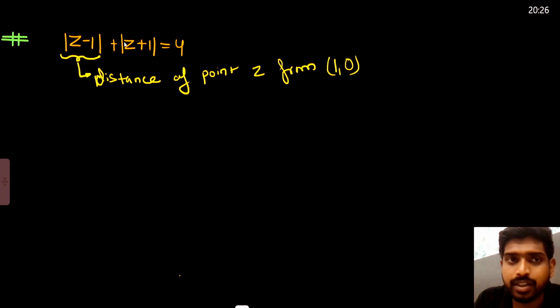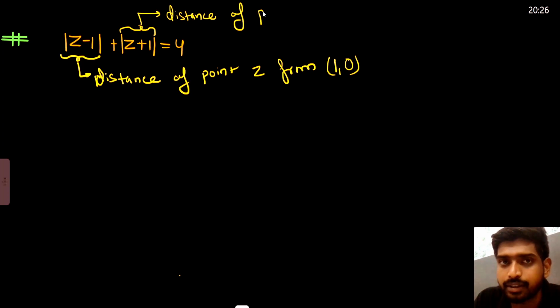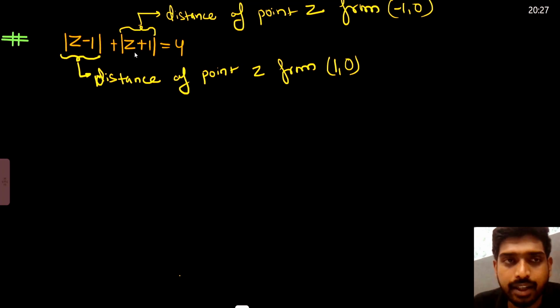Got it? And this represents the distance of point z from minus 1 comma 0. Because here I can write z minus of minus 1. Got it? This is minus 1 comma 0. This is a distance from 1 comma 0, and this is a distance from minus 1 comma 0, of the same point z, and the sum is equal to 4.